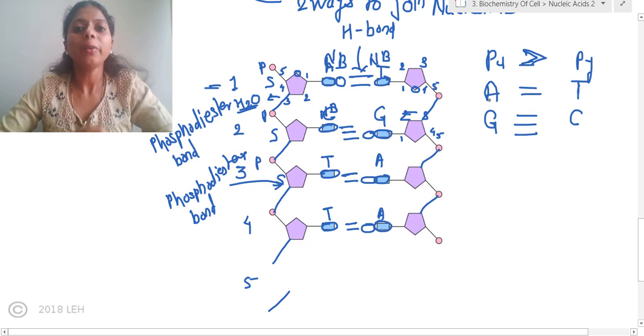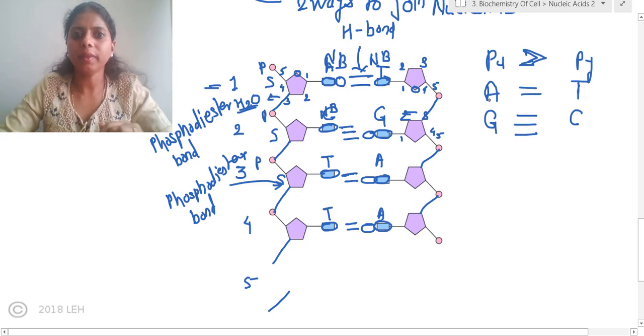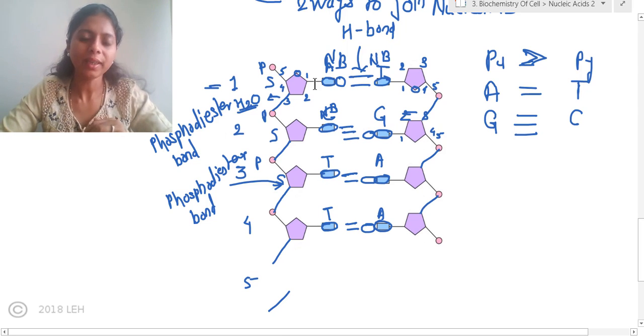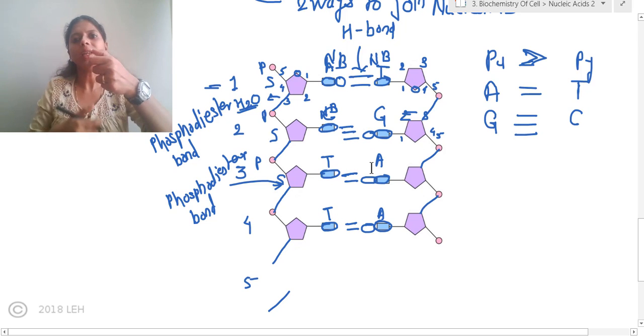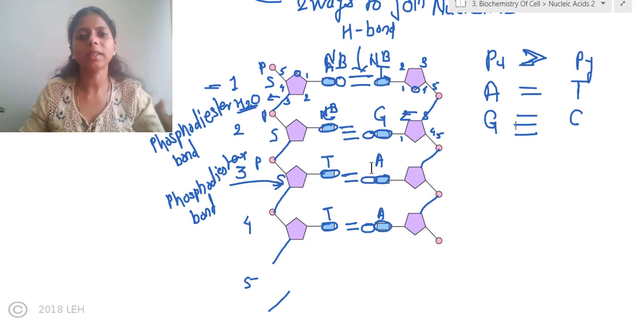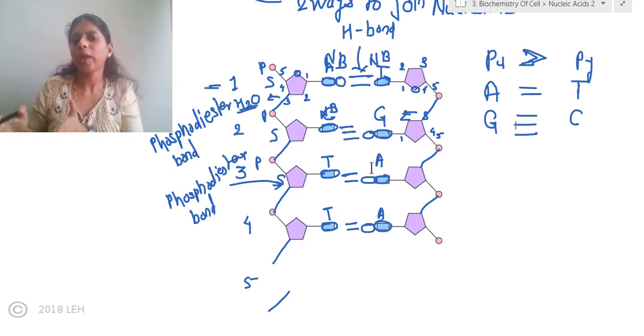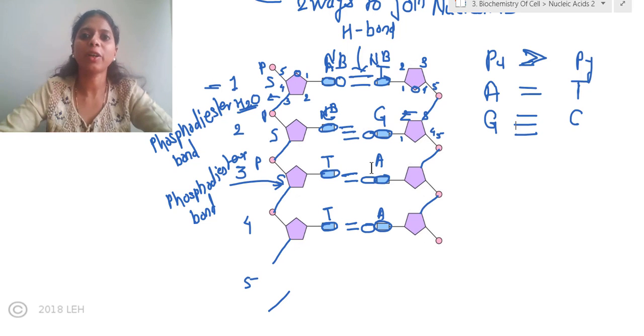Understanding? Now try to understand what exactly happened. See, we were having one strand constructed, okay, just like joining nucleotides by phosphodiester bond. Got it? Now, as it is a DNA, it should have a second strand in front of it.